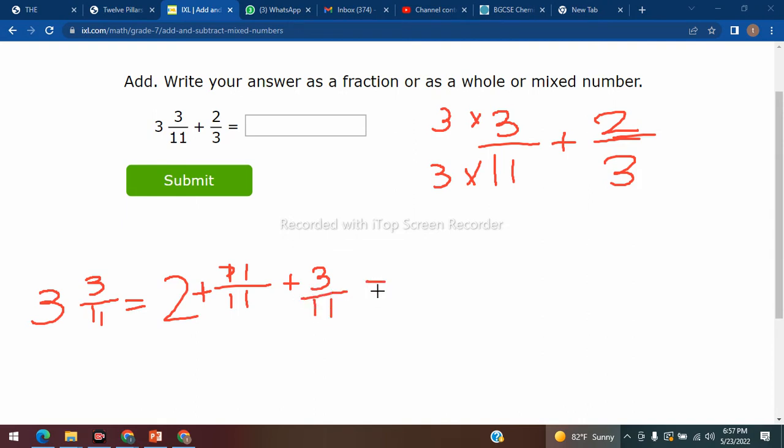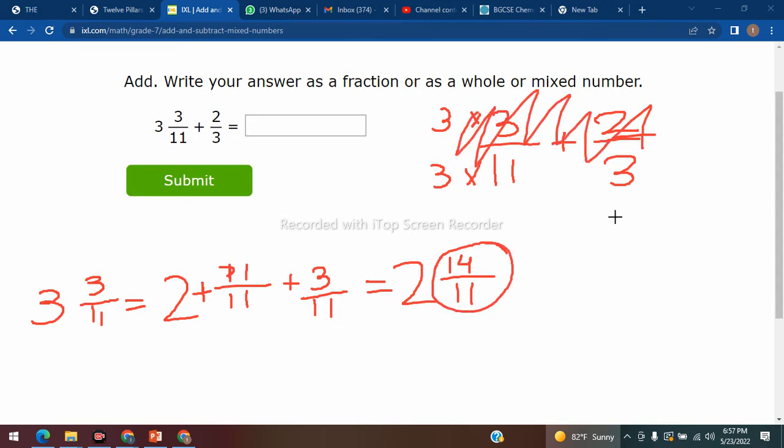It's going to be equal to 2 and 11 plus 3 is what? 11, 12, 13, 14. 14 over 11. And so we have 2 and 14 over 11. Good. So we could use the 14 over 11. So let's move all of that. So 14 over 11 plus 2 over 3.